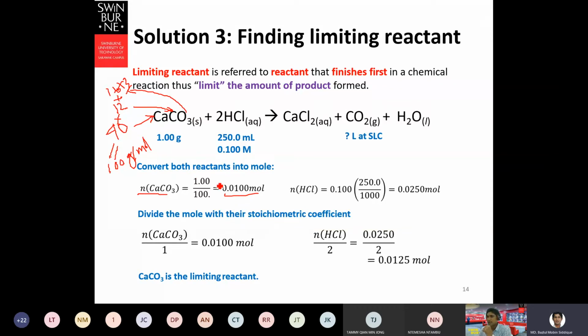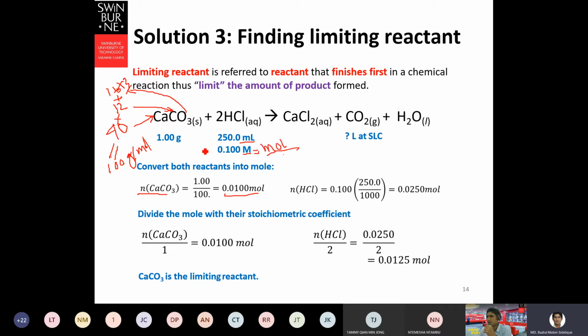And then the number of moles for HCl. The volume is 250, in milliliter, right? So I have to convert into liter first, because molarity is moles per liter.